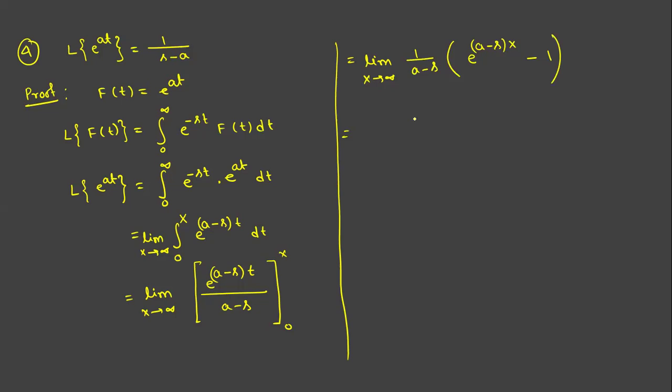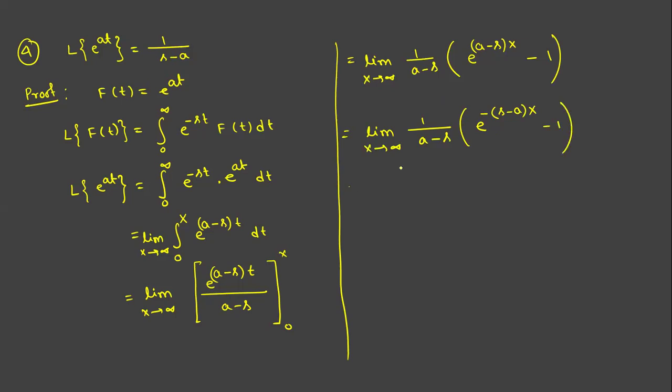Here this is e to the power a minus s into x, so you can write it in this form: limit x tends to infinity of 1 by a minus s into e to the power minus s minus a into x. Yes or no? I have just taken minus 1 common.